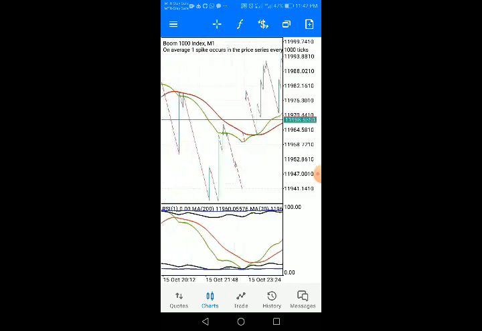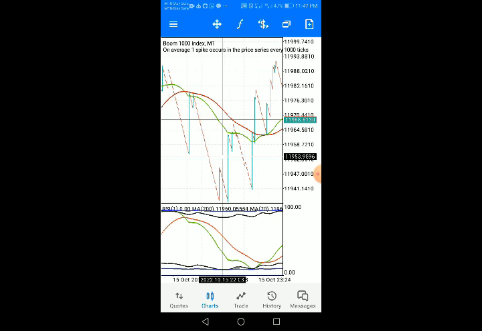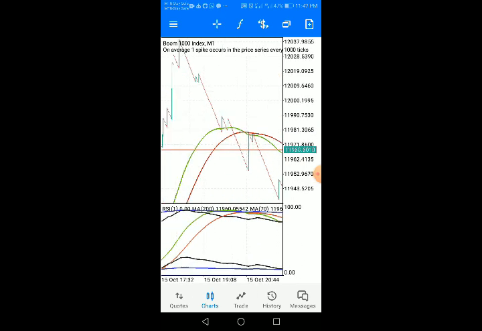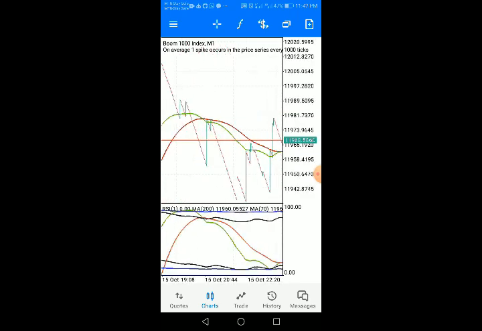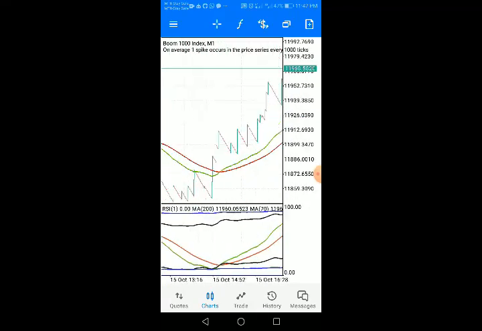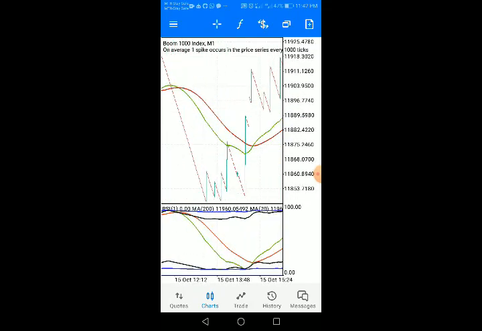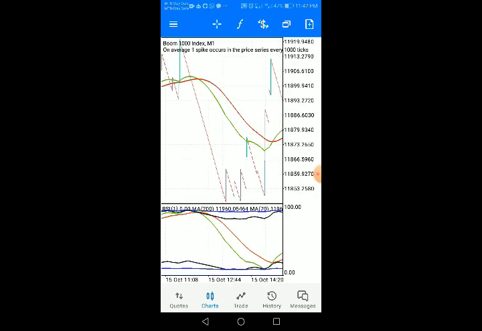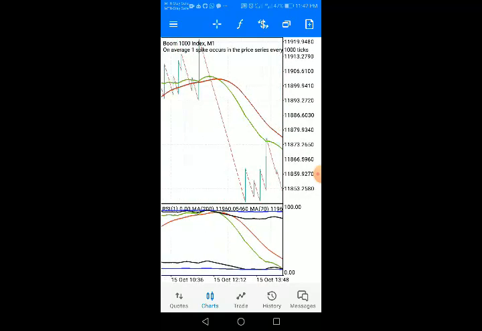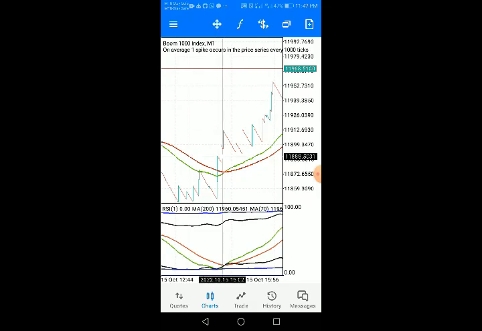Very accurate. This one did not take place in between the lines. So this one would have been a good signal, but the one below did not take place in between, so we couldn't have followed that.